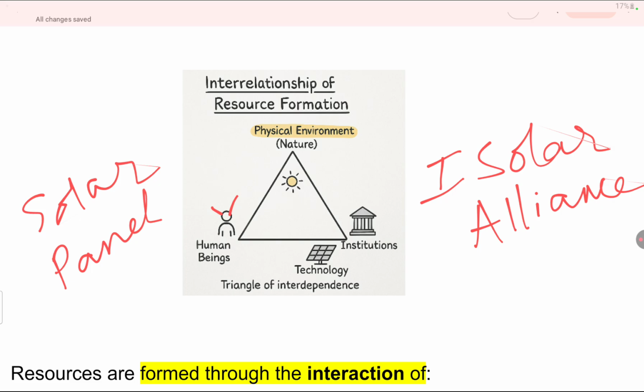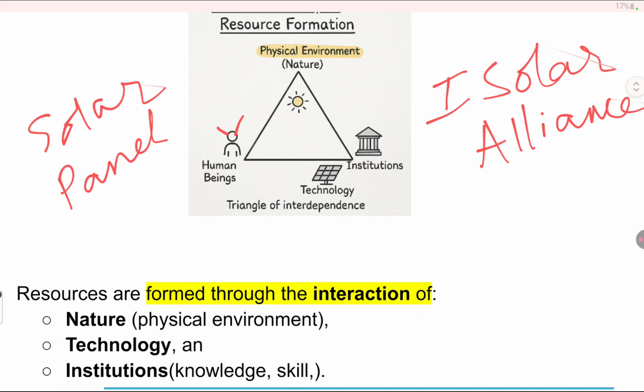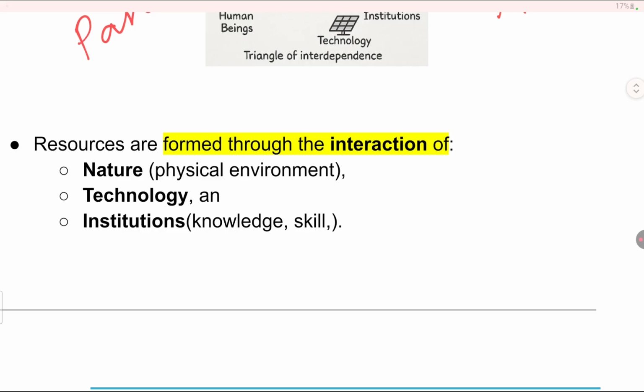There plays the role of institutions. We have developed the International Solar Alliance. It gives the capability to produce solar energy and transform it into electrical energy. So we can say that there is an interaction between nature, technology and institutions, as we have read above.